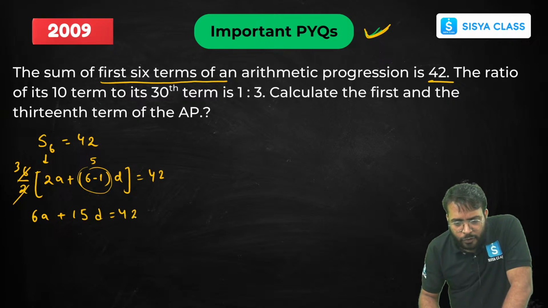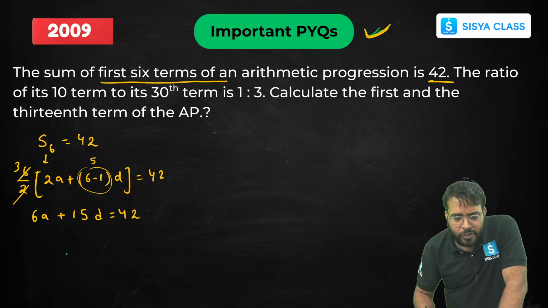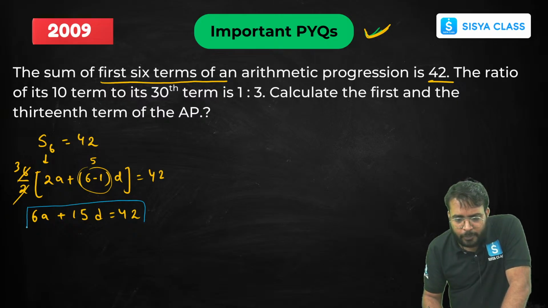Now if you solve this, you get 2 into 3, and 3 into 2, that means 6a plus (6 minus 1), which is 5, and 5 into 3 is 15, d is equal to 42. So from here we got our first equation: 6a plus 15d is equal to 42.